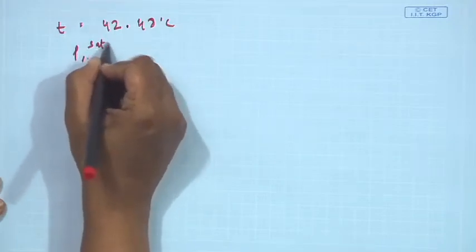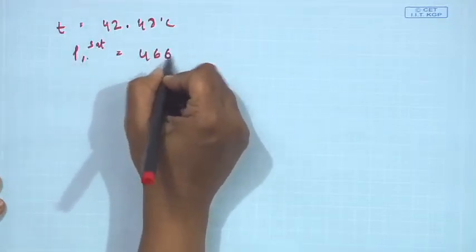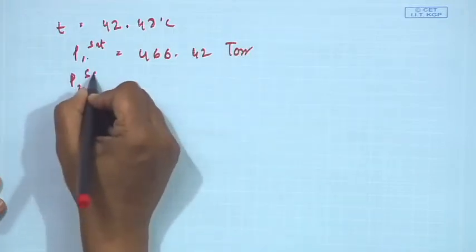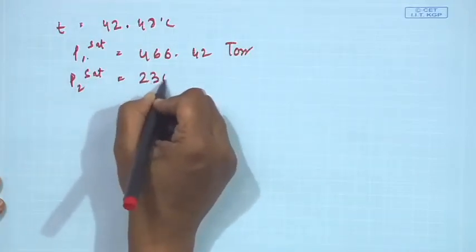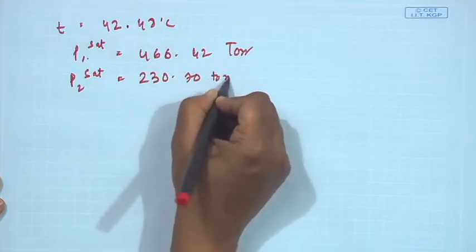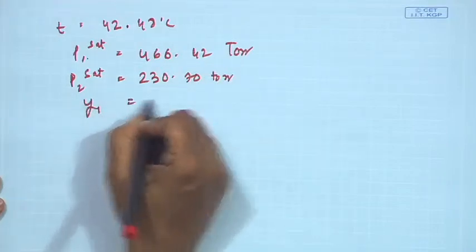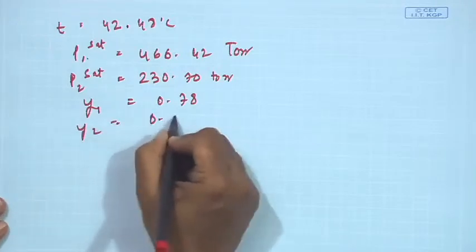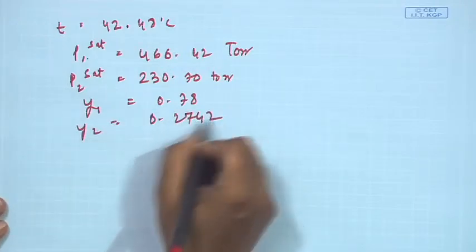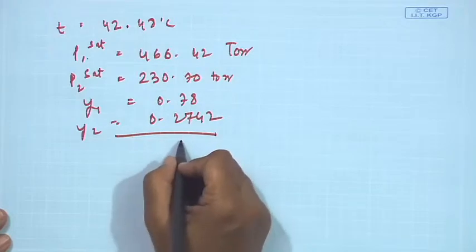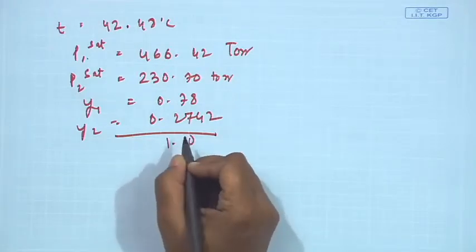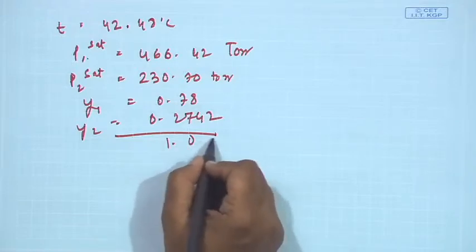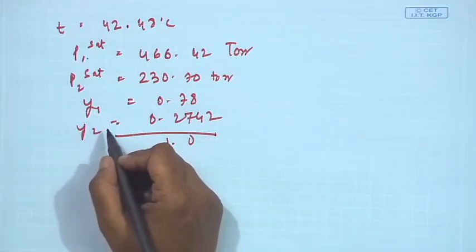Find out P1 saturated, 466.42 torr, P2 saturated 230.70 torr. Y1 you can find out, again Y2 find out, add the two, you get more or less sigma yi equals to 1. So, therefore, this assumed value is correct.